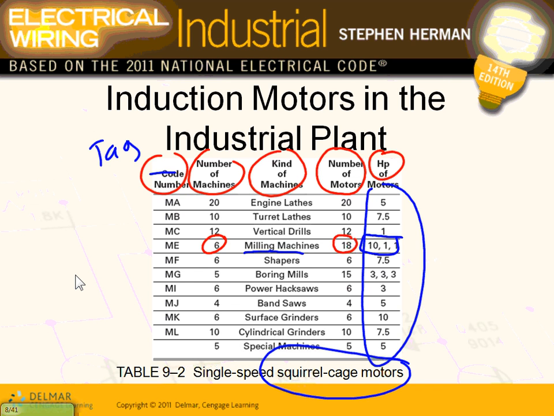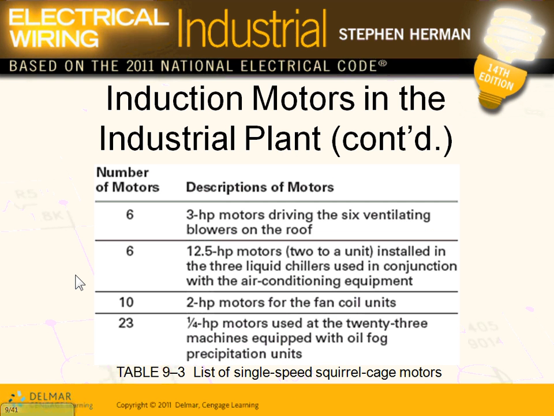So these are all the machines that we have. And then they have some industrial plant HVAC equipment at the top, with a different number of motors in each one of these machines. For example, they have 6 ventilation blowers, each one of them on the roof, with a 3 horsepower motor. They also have air conditioning equipment with this amount of horsepower, 6 of them.